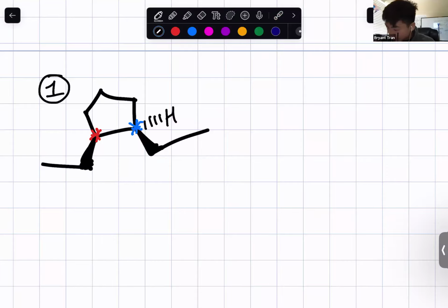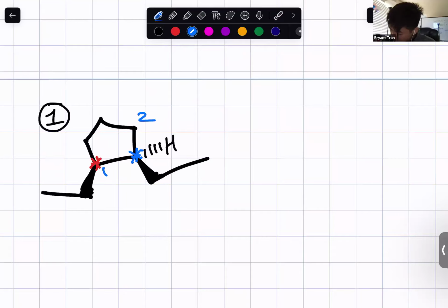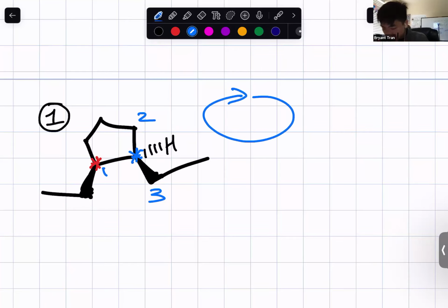Okay. Let's see. So, oh no, let's do blue. One, two, three, going this way. Oh, okay. Clockwise. R, and the lowest priority group, hydrogen, is a dash, so that's good. It is R. Nice. Okay.